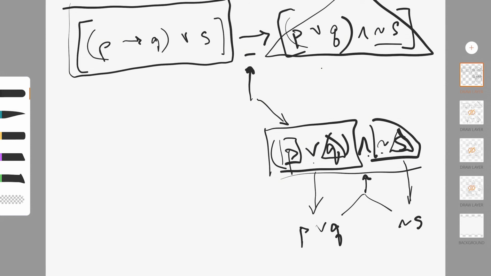Why does it have two branches? Because the AND operator joins together two different things, one thing on the left-hand side and one thing on the right-hand side. Okay, does that make sense? I hope so.